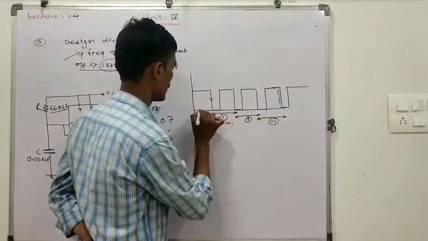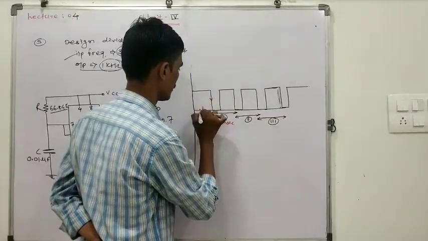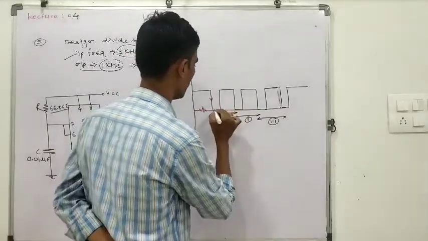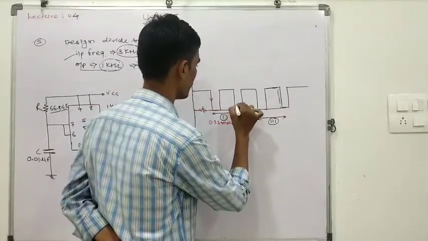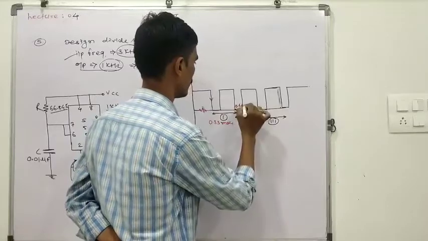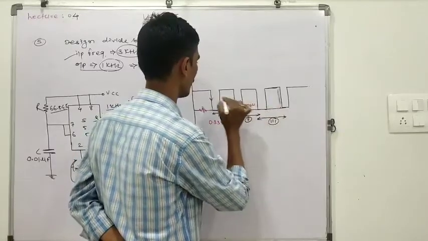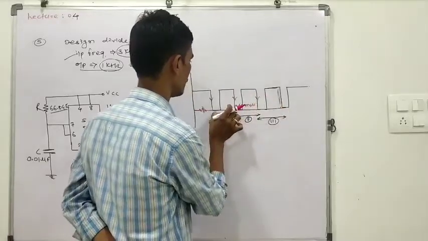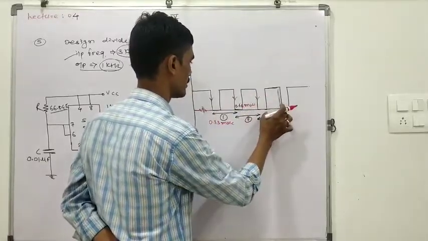So we just draw here like this. This point is 0.66 millisecond. So this is the first cycle, this is the second cycle, and this is the third cycle.